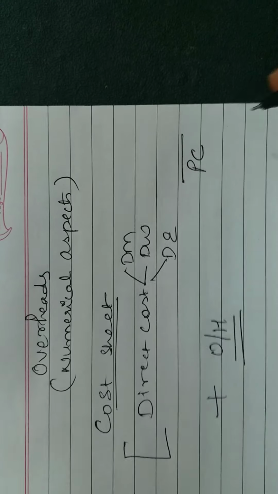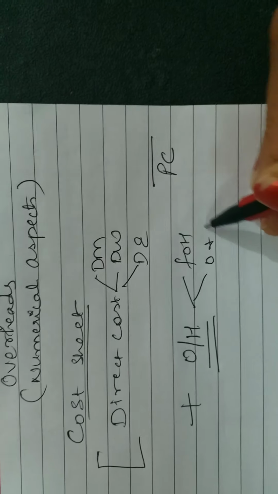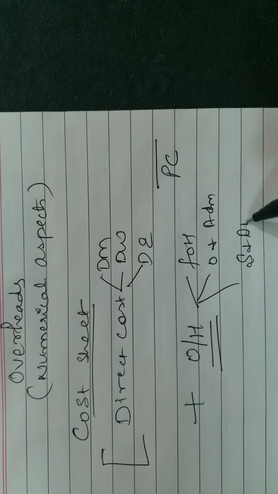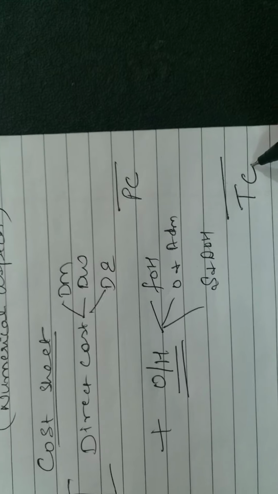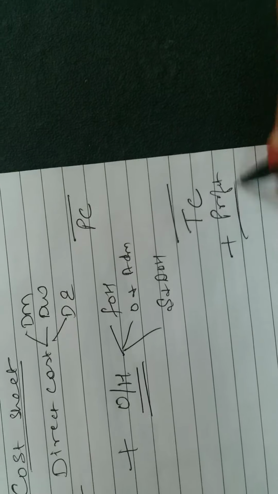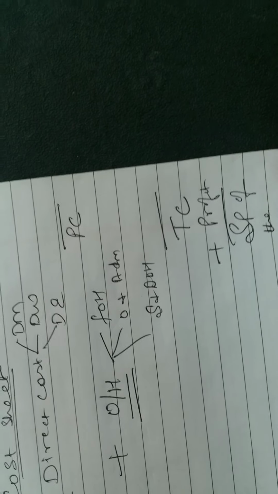Now these overheads are further the factory overheads, the office and administration overheads, the selling and distribution overheads, and then we get the total cost. So then we add profit and we find the selling price of the product.